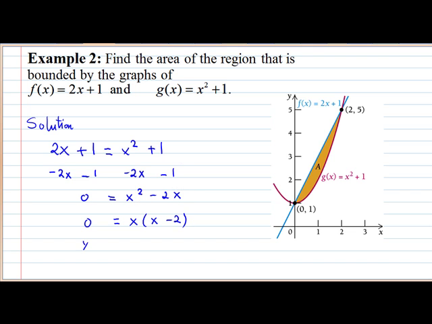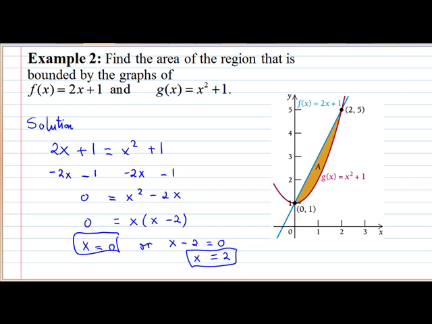So I get x equal to 0 or x minus 2 equal to 0, which is x equal to 2. That means this is exactly where the two graphs cross. You can confirm with the graph here, this is where x equals 0 and 2.